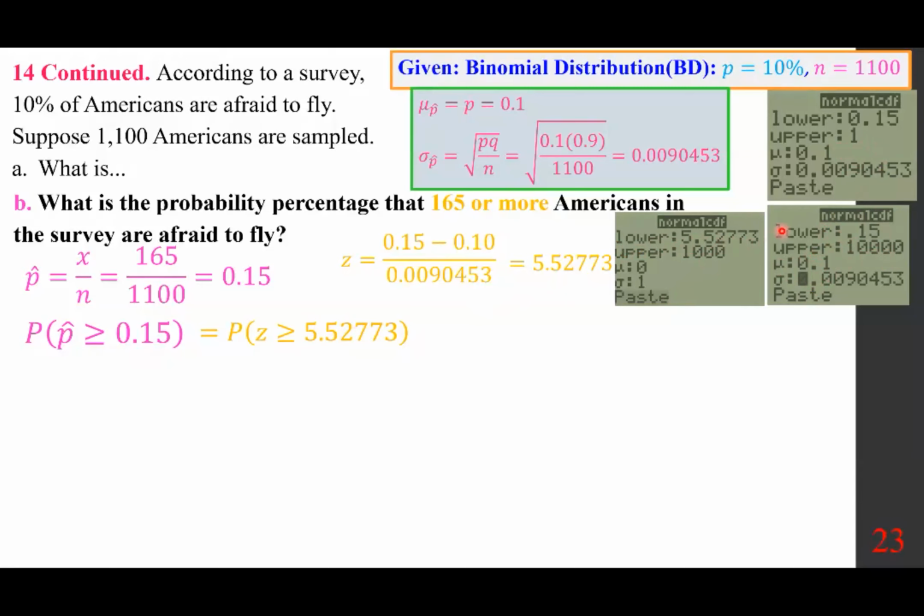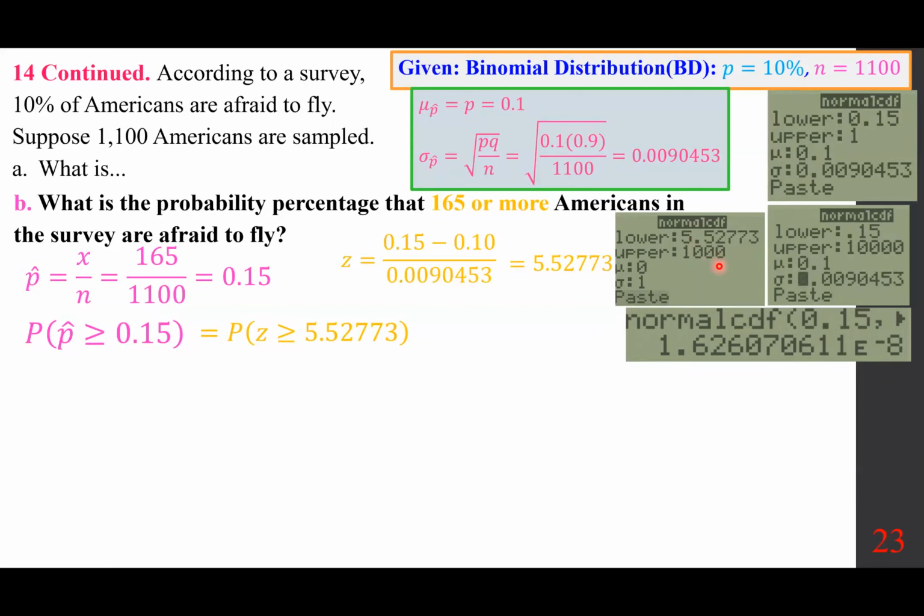On purpose, I've used 1000 here and 10,000, two different numbers. My point is 1000 is good enough. Why? Because within 3 standard deviations on both sides, we cover almost everything. That's why 1000 is way too large. Even 100 may do the job.